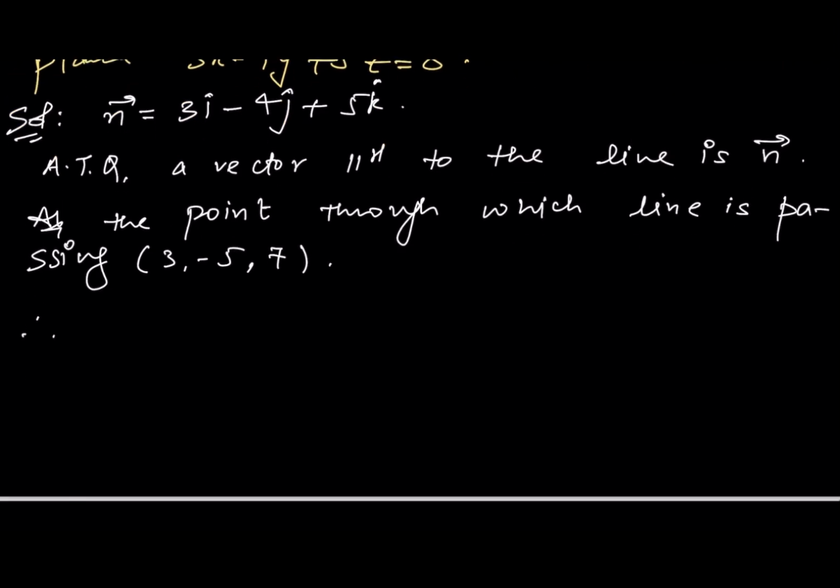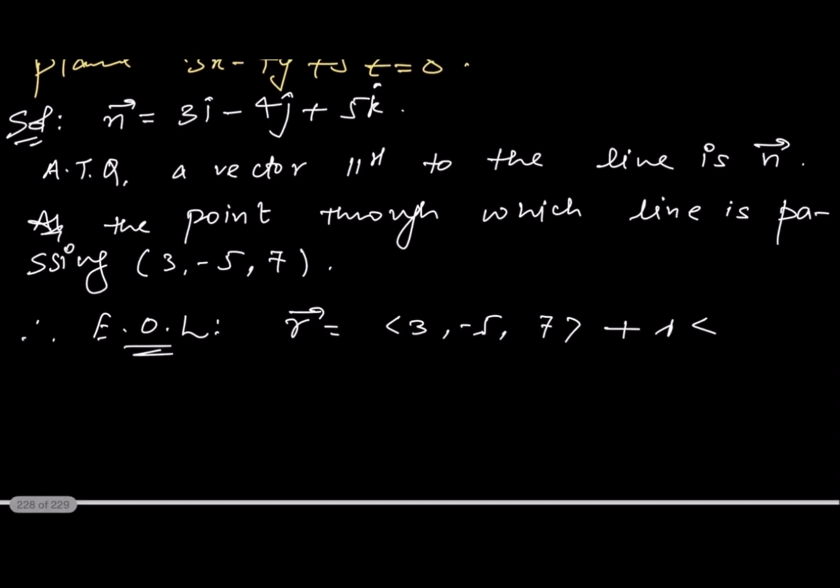Okay, so the equation of the line is r vector is equal to a vector, which is 3, minus 5, 7, plus lambda times b vector, and b vector is the n vector, which is 3, minus 4, 5, right?